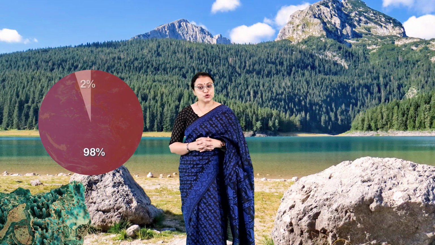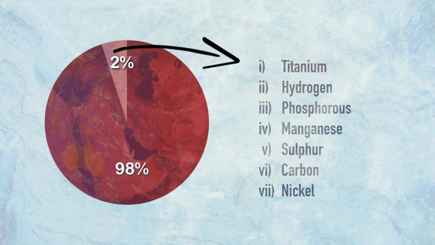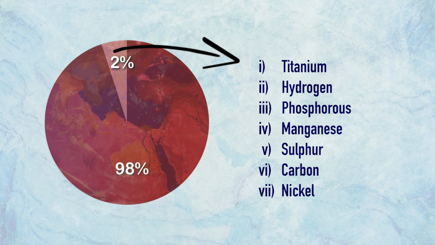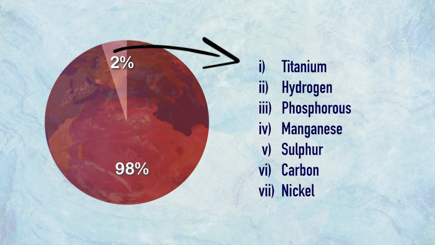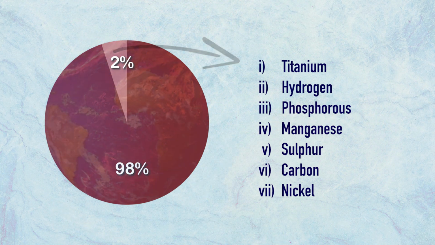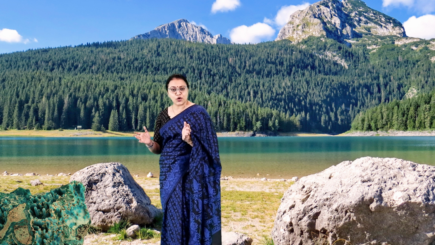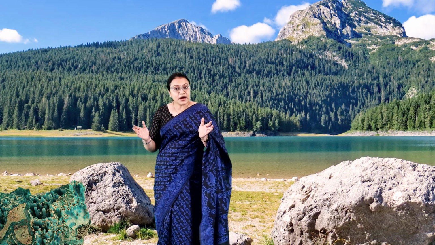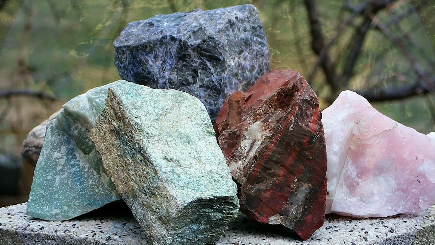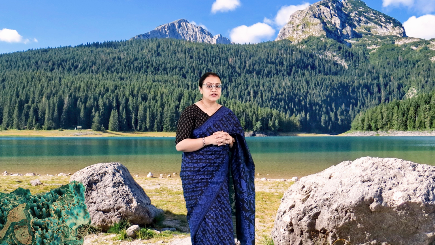The rest of the 2% crust is constituted by elements like titanium, hydrogen, phosphorus, manganese, sulfur, carbon, nickel and other elements. You know, these elements in the Earth's crust are rarely found exclusively, but are usually combined with other elements to make various substances. These substances are recognized as minerals.